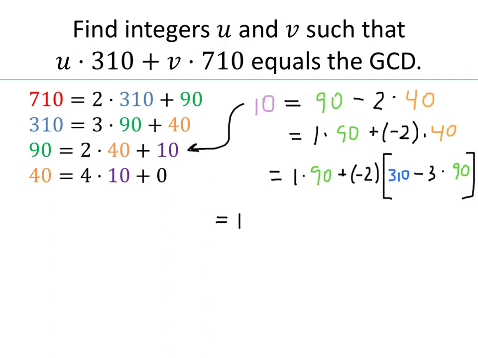So I still have 1 times 90, but now I'm going to distribute my negative 2. So I have plus negative 2 times 310 plus, now I have negative 2 times negative 3 times 90. So that's 6 times 90. And now I have one 90 and 6 more 90s, that makes 7 90s. So I have 7 times 90 plus negative 2 times 310.